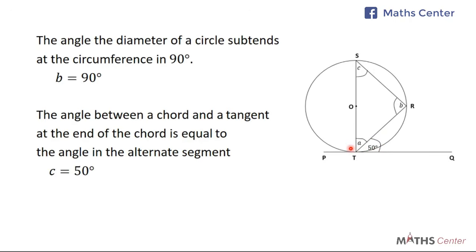From the previous video, we said that this angle will be the same as the angle created by the chord TR in the circle, which is C. So C is also equal to 50 degrees. So we have been able to find C, we have been able to find B. We are now left with finding A.